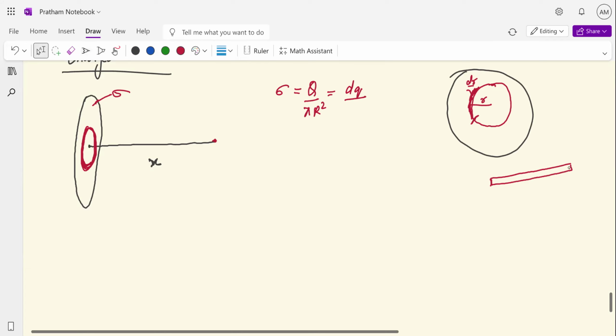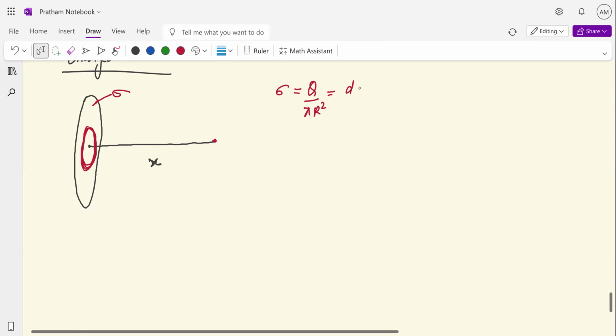What is the width in this case? dr. And what will be the length? It will be the perimeter, so it becomes 2 pi r. Is that fine? Yes. So sigma equals dq divided by 2 pi r dr. So you get dq is nothing but sigma times 2 pi r dr. Cancel. So dq is what I can write.